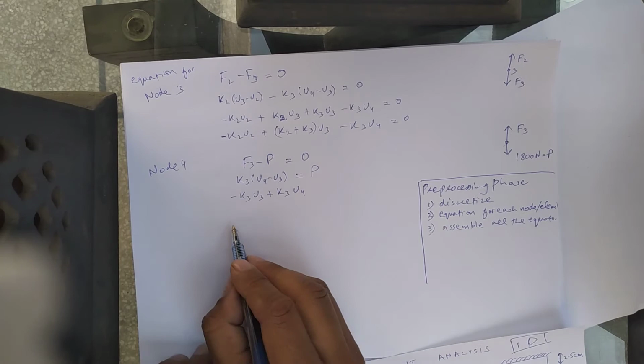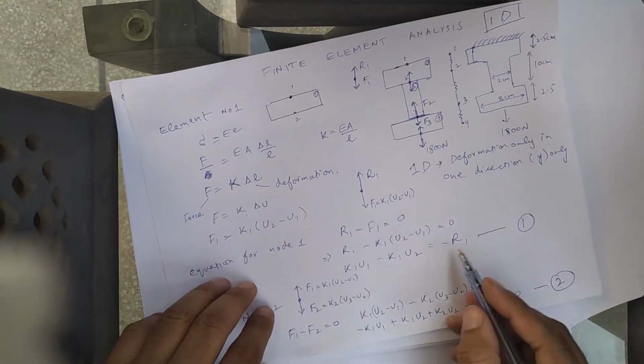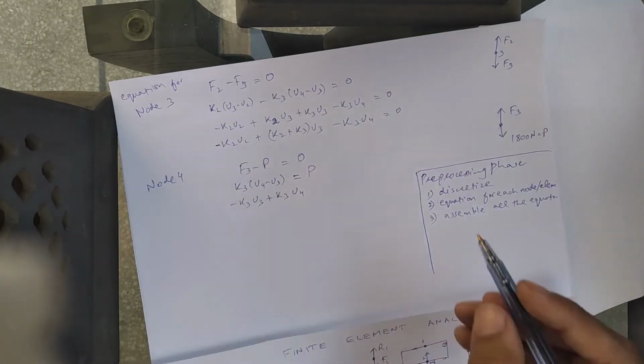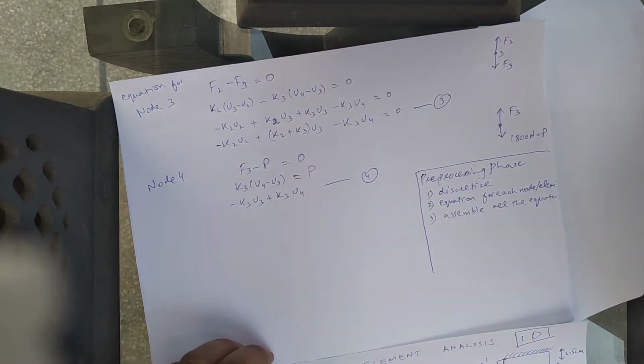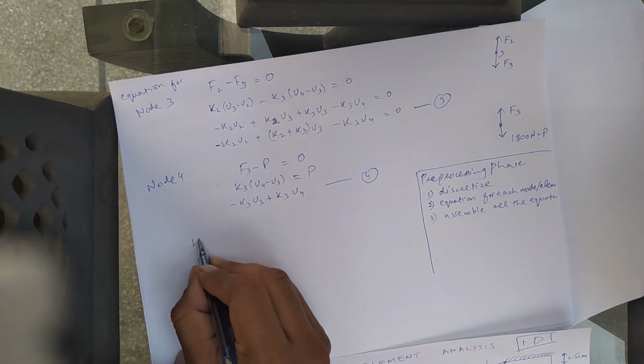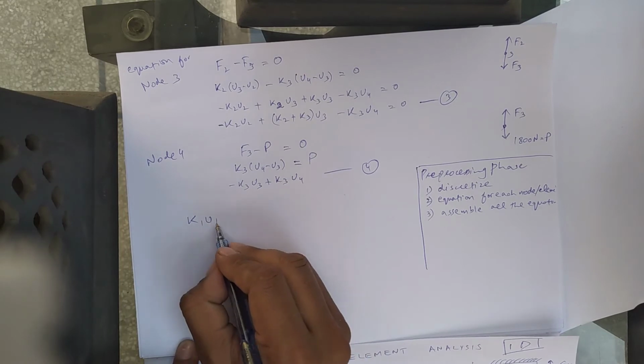So how will we assemble? We will write all the equations. Here we have equation number 1, equation number 2, equation number 3, and equation number 4. We will write them with K1 U1. This is equation number 1.